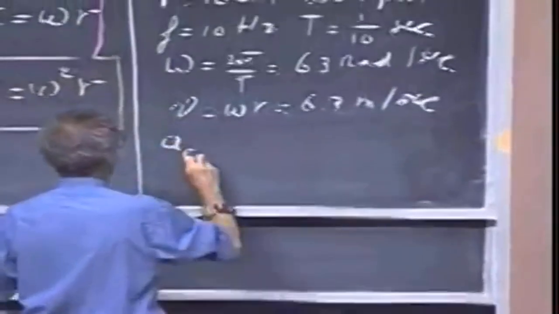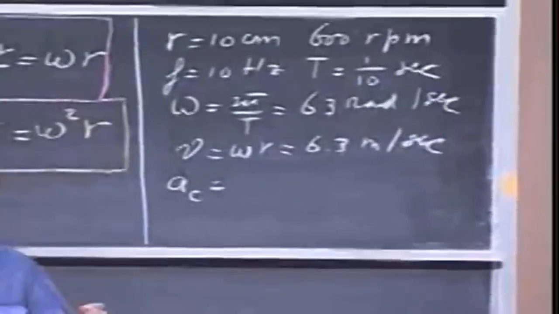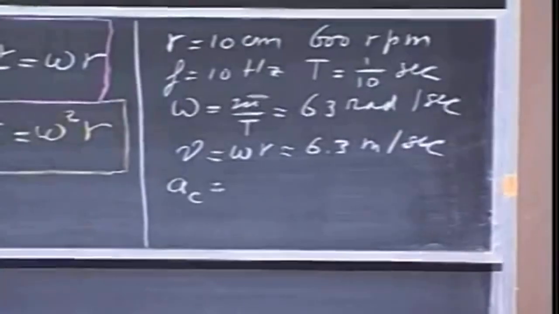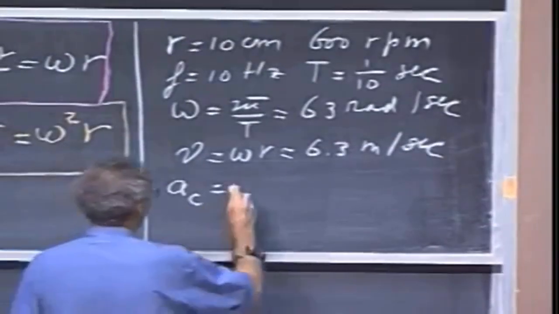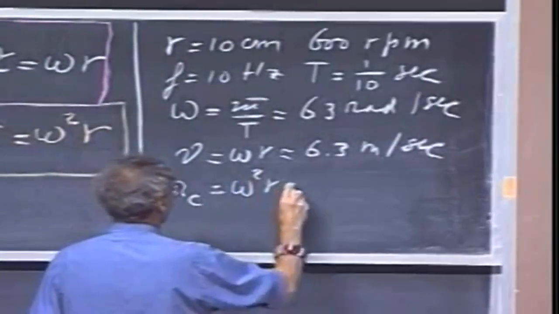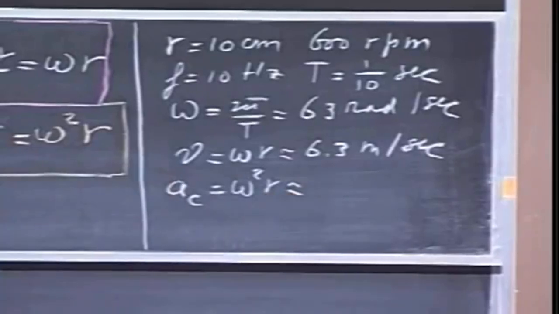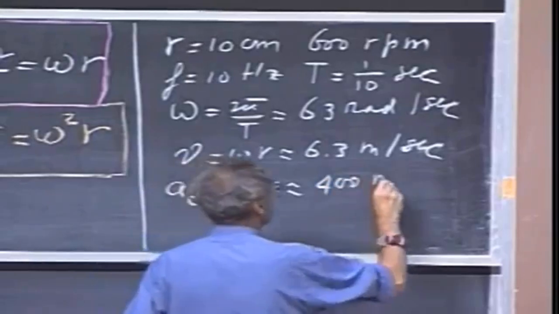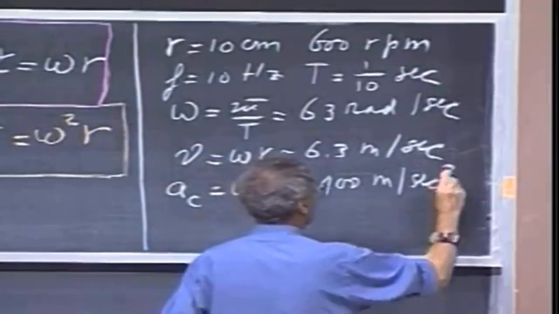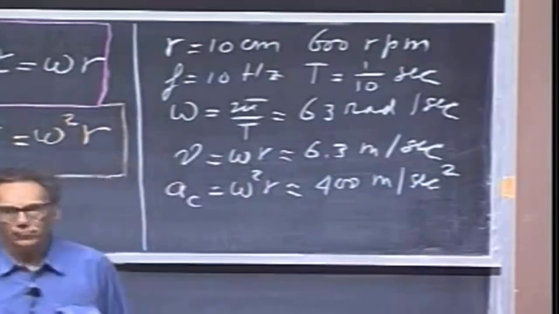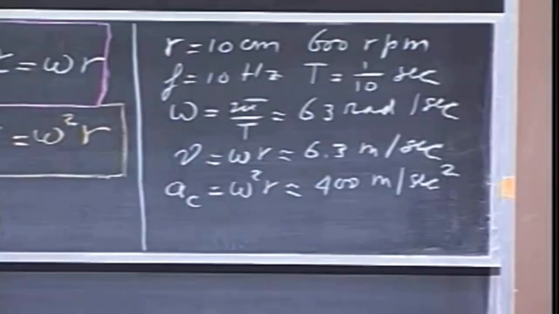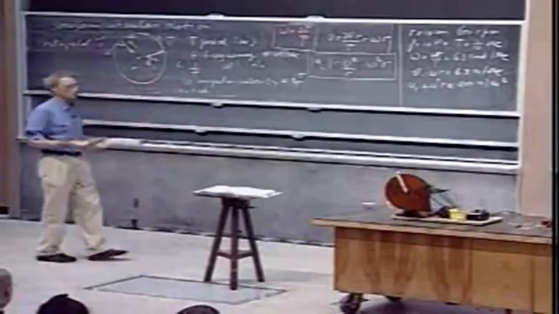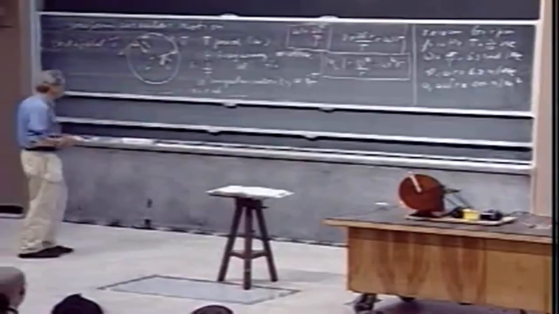The centripetal acceleration, and that's really my goal, would be omega squared r, or if you prefer, v squared over r; you get the same answer. That is about 400 meters per second squared. And that is huge. That is 40 times the acceleration due to gravity. It's a phenomenal acceleration, in a simple vacuum cleaner.